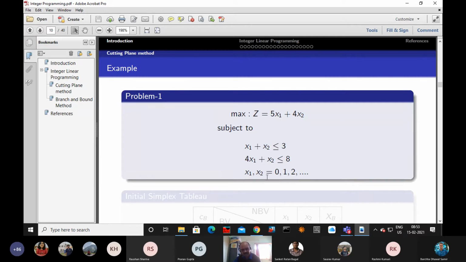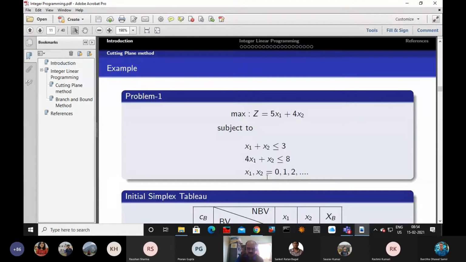But since it is integer, we apply the integer programming method. The integer programming method solves the problem by the simplex method. If you find the solution is integer, you should stop. Otherwise, a fractional cut, a cutting plane, is formulated according to the rule we have discussed.